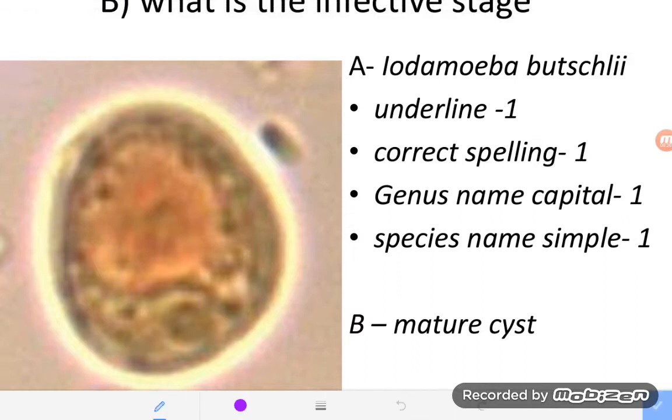Here you can see a single nucleus. This is actually an iodine smear, right? Single nucleus.